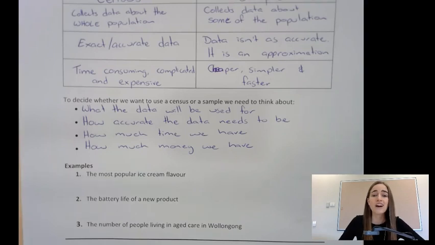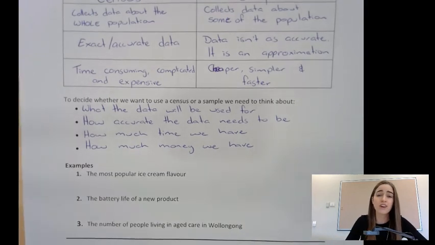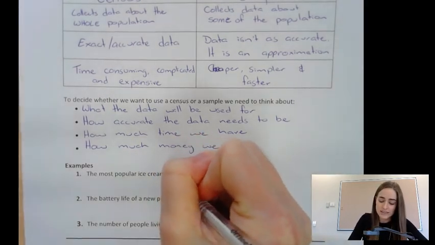How accurate does the data need to be? It probably doesn't need to be 100% accurate. If we get it a little bit off, that's okay. We just need a general idea. How much time and how much money? You probably don't want to invest too much into it if it doesn't need to be hugely accurate. So for collecting data about the ice cream flavour, I would say a sample.